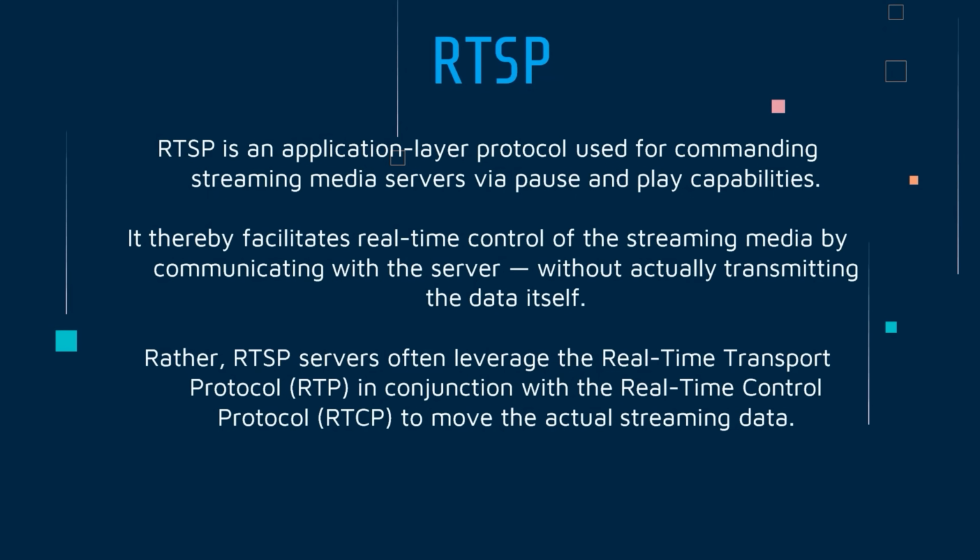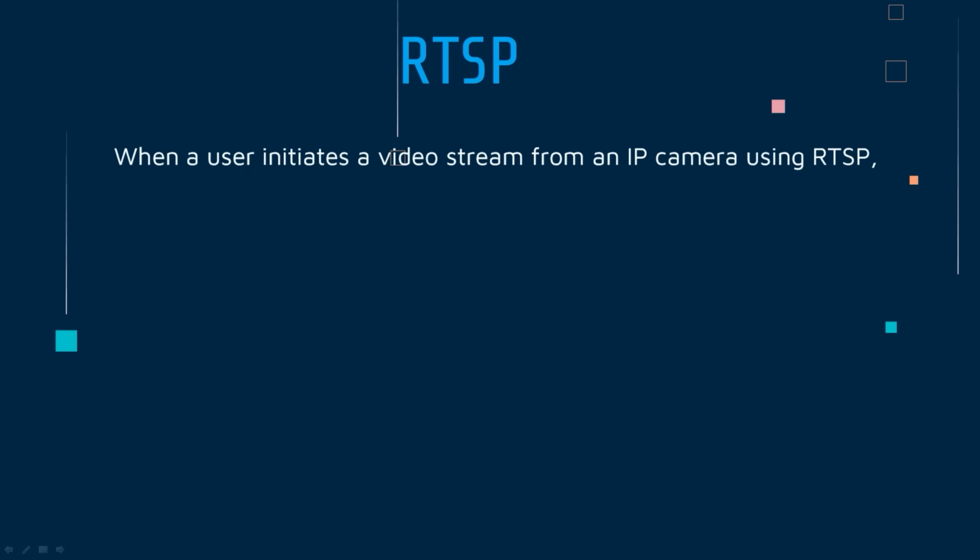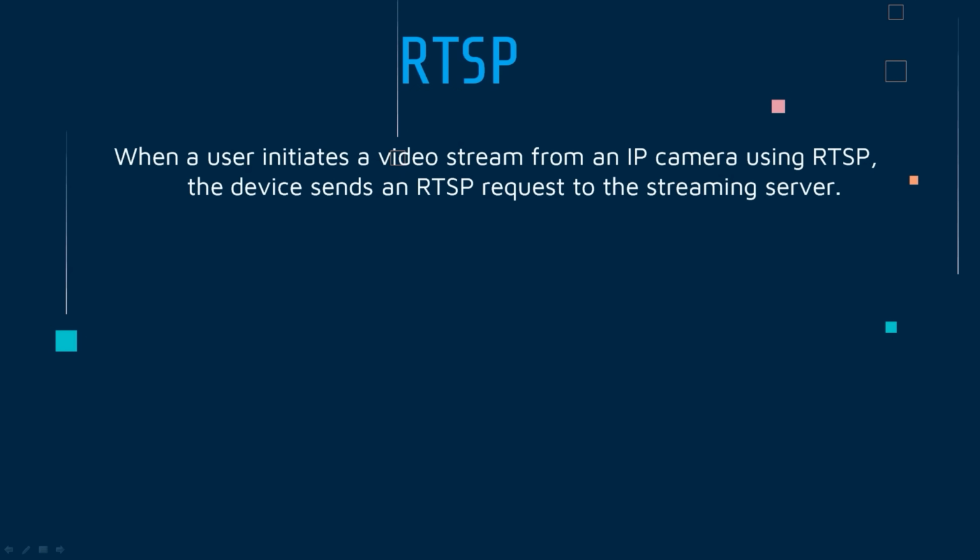So we've got a lot of information there, a lot of protocols. The important point is that you're not getting the stream over HTTP or HTTPS. It's going over RTSP, port 554. When a user initiates a video stream from an IP camera using RTSP, the device sends an RTSP request to the streaming server.